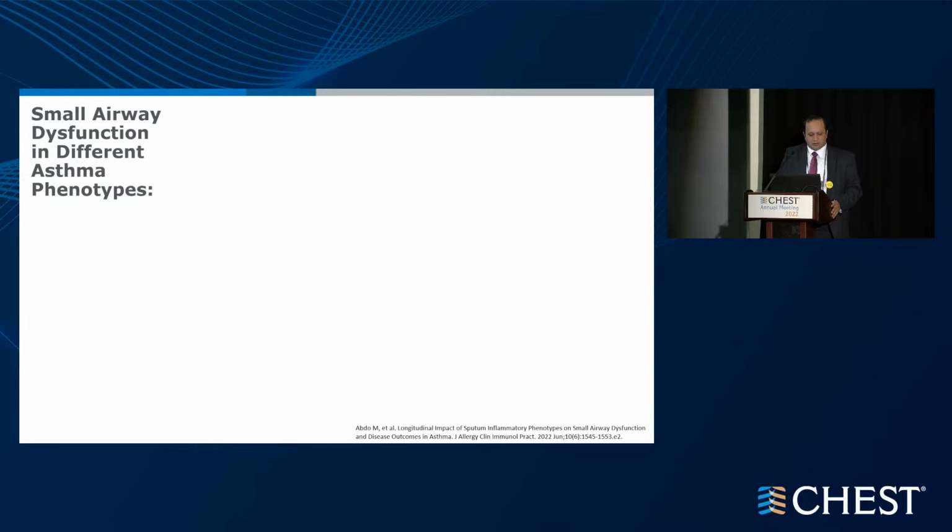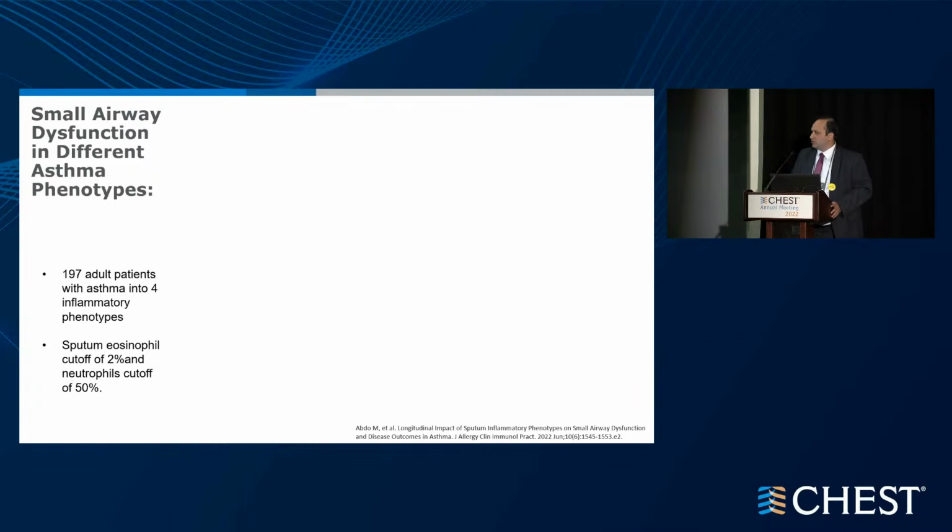So what do we know about small airway dysfunction in different asthma phenotypes? This study was published a few months ago by Abdo and colleagues. They looked at 197 adult patients with asthma and divided them into 4 phenotypes using a sputum eosinophil cutoff of 2% and a neutrophil cutoff of 50%.